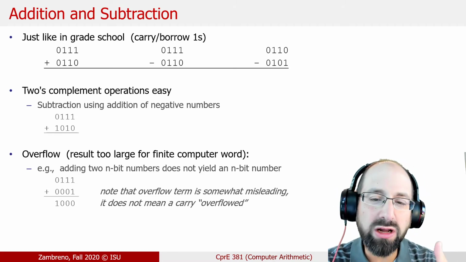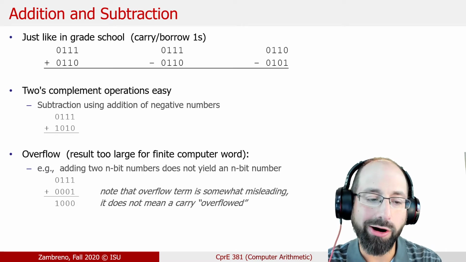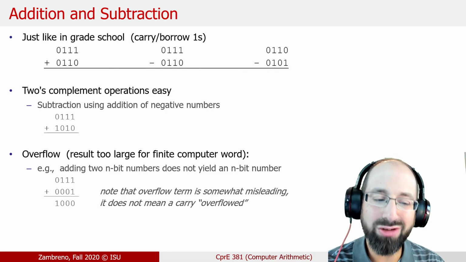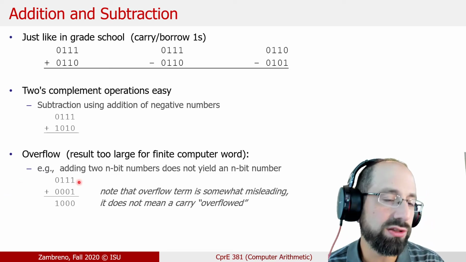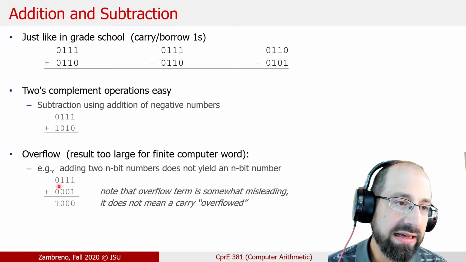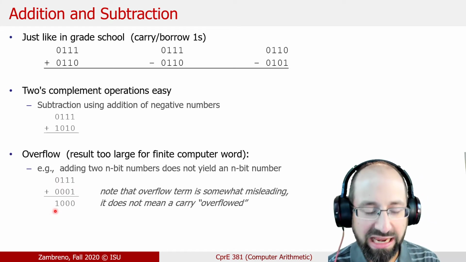And how can we relatively easily determine that a result is wrong? We can do so based on our understanding of what the signs of our two inputs are, and what the sign is of our result, and how that can potentially happen. This example is just showing that if this is a 4-bit two's complement representation for our addition, and we're adding 7 plus 1, we actually get a result that's negative 8 back out.